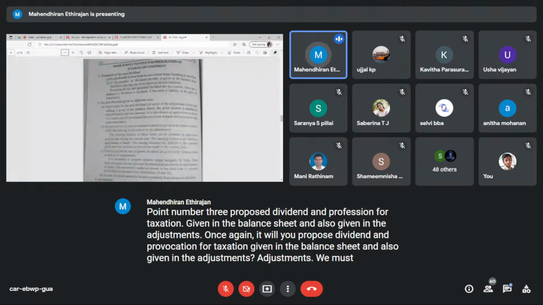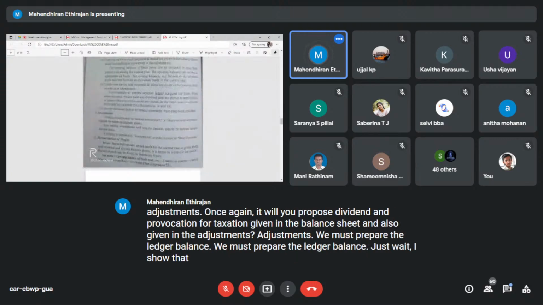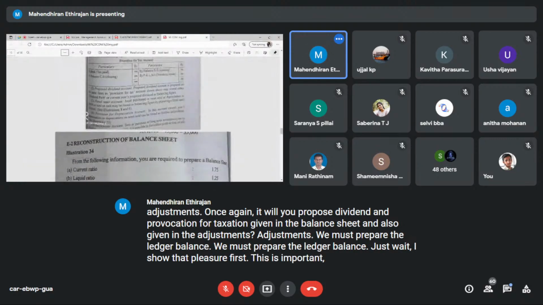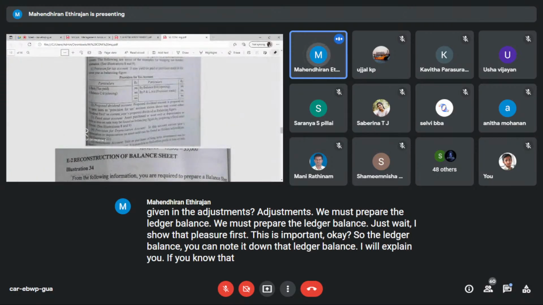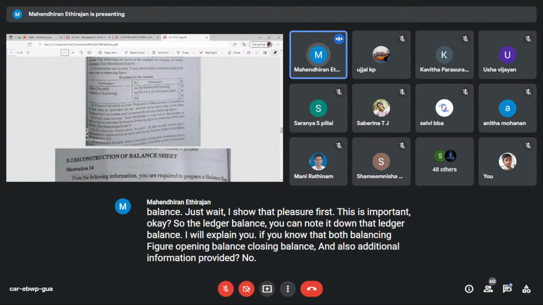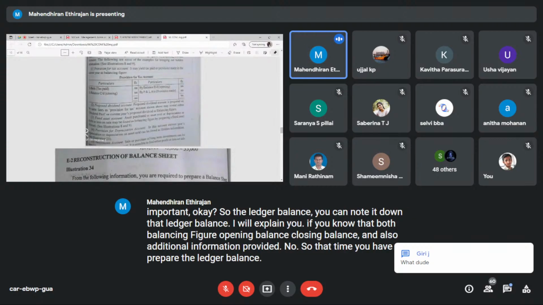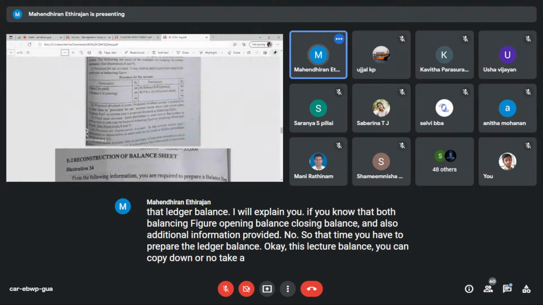We must prepare the ledger balance. Just wait, I will show you that ledger balance. This is important. If you know the opening balance, closing balance, and also the additional information is provided, then you have to prepare the ledger account. You can copy it down or take a snapshot.